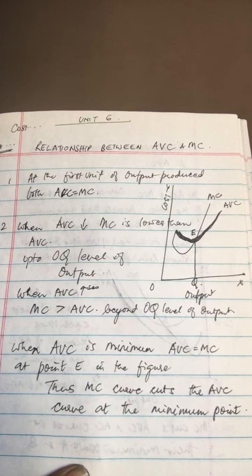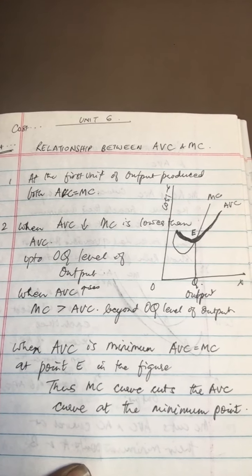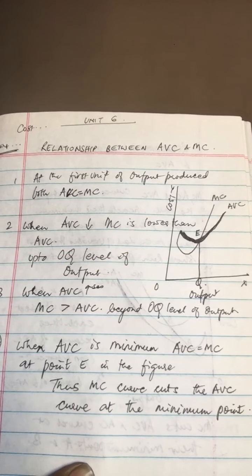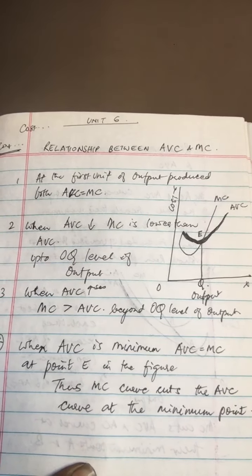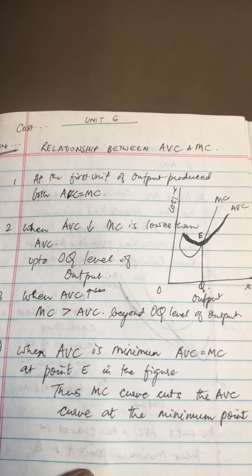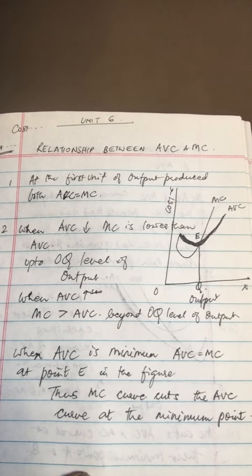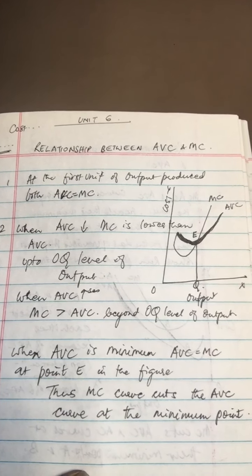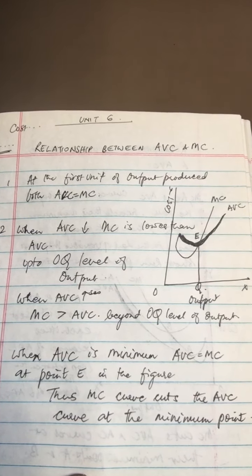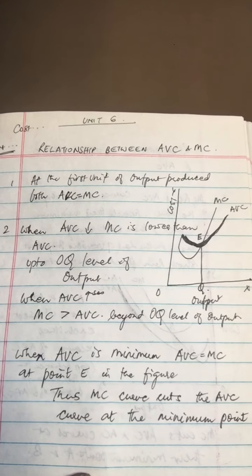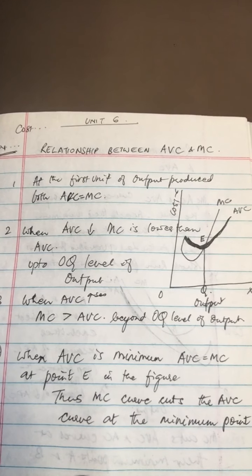Average variable cost falls up to point E and MC continues to be lower than average variable cost up to OQ level of output. Now when average variable cost rises, MC, marginal cost, is greater than average variable cost. In the figure, marginal cost is greater than average variable cost beyond OQ level of output.